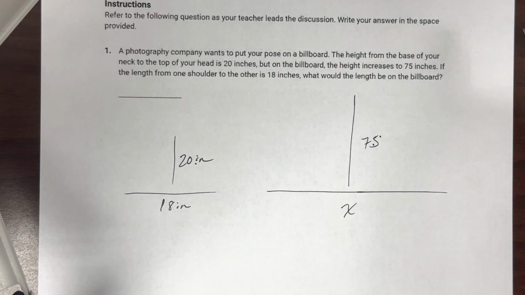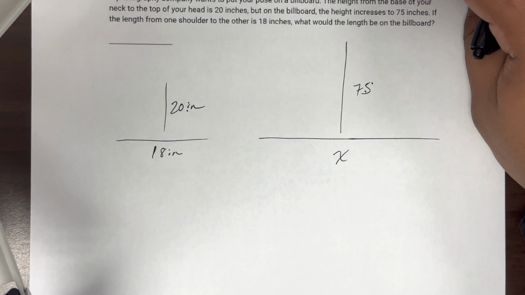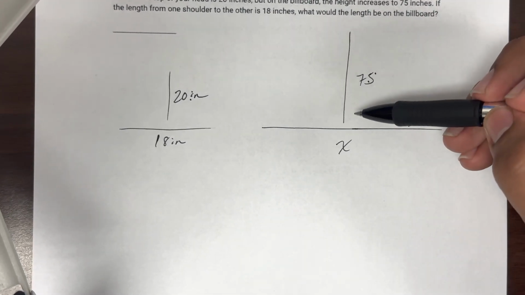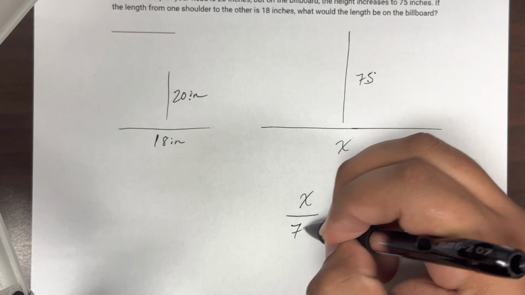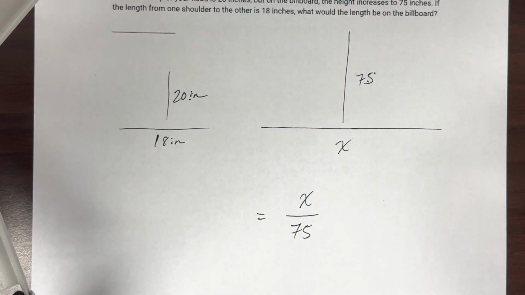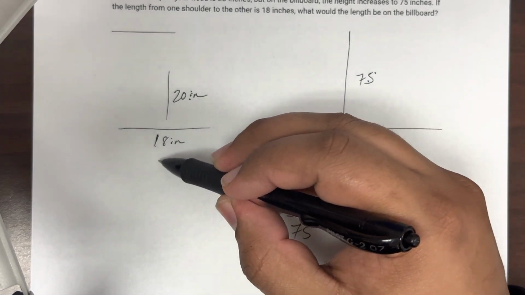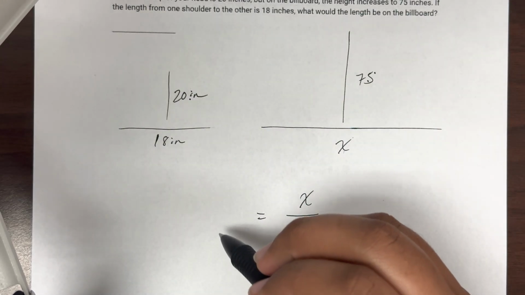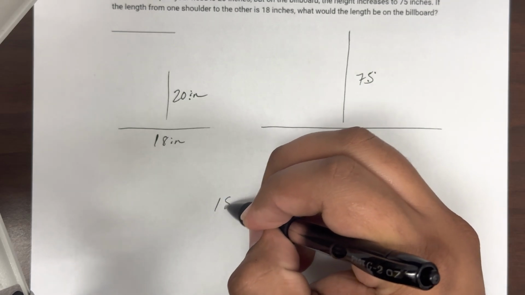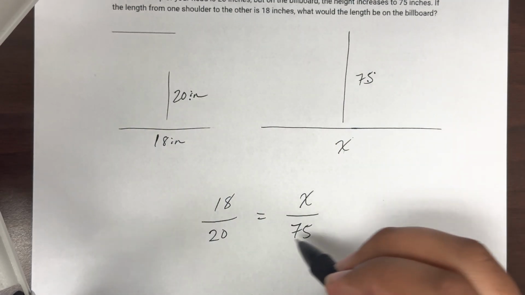So here will be the perfect opportunity to do a fraction. Little cross multiply divide. We'll keep x on top, so x over 75 equals, keeping x in correlation, corresponding side, so I'm going to keep 18 on top over 20.